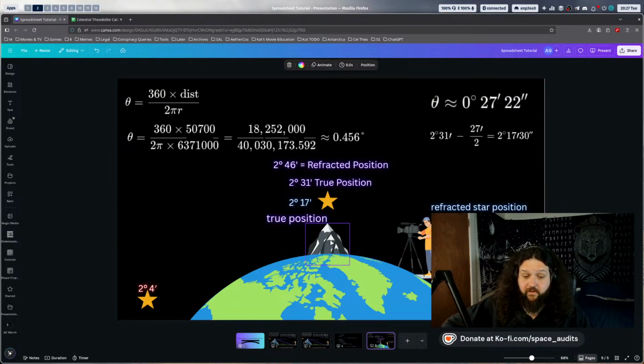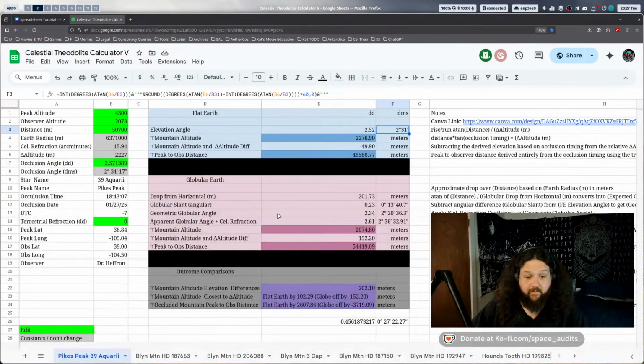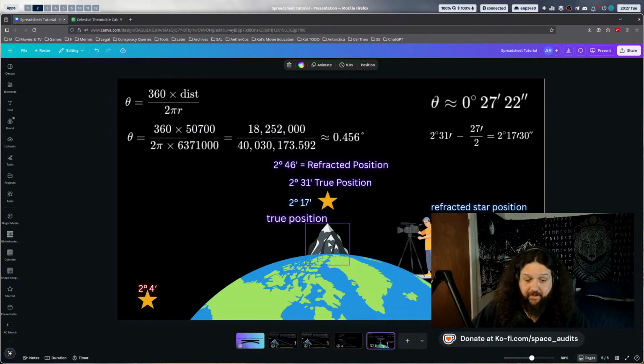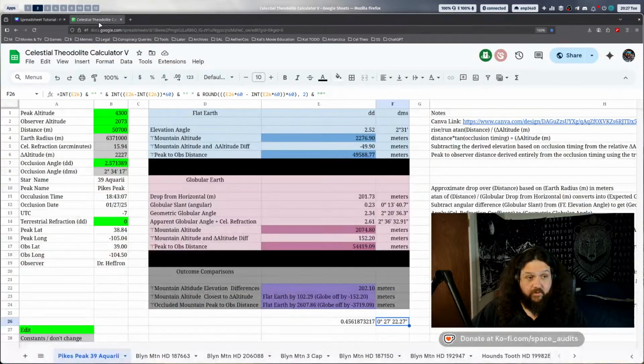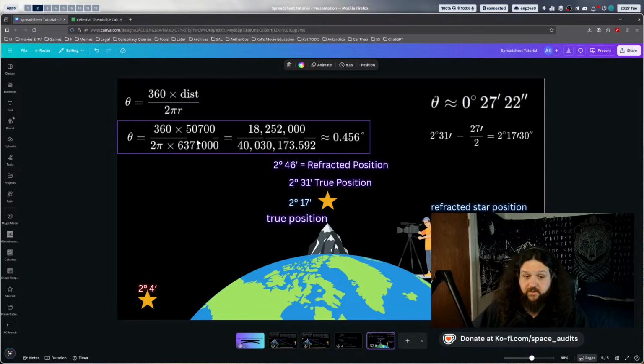The peak is for a separate part of the analysis, but to fully verify and predict the geometric globe, this formula that I'm implementing is going to give the actual geometric angle for this mountain peak, because half of that, when you subtract this, gives where this star is supposedly based on globe drop. So these are equivalent.